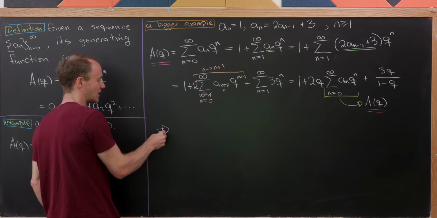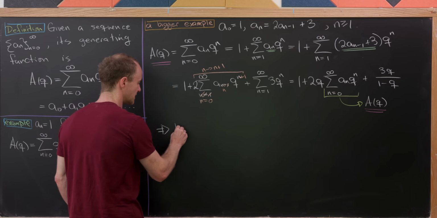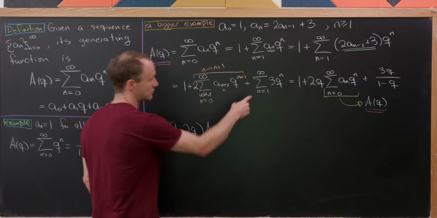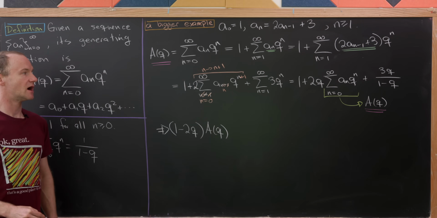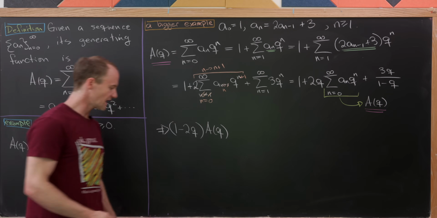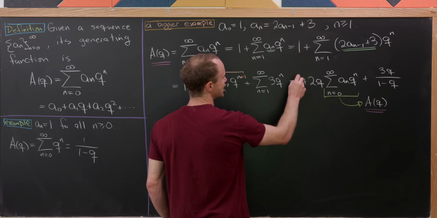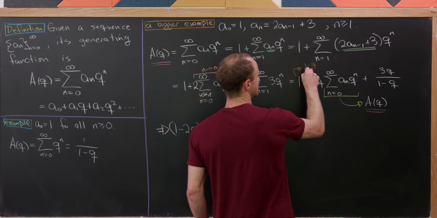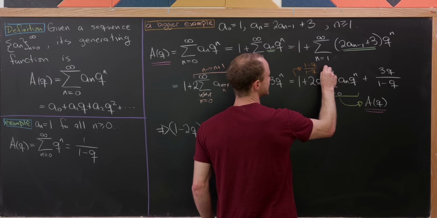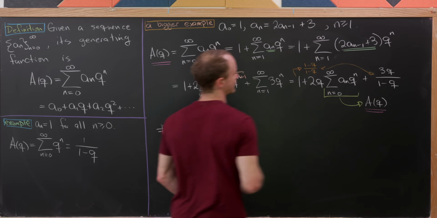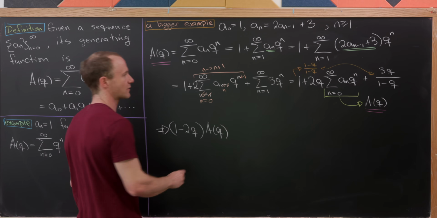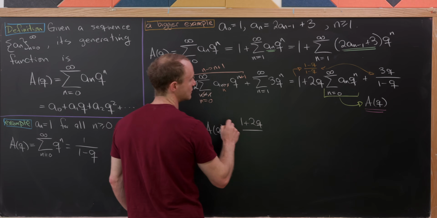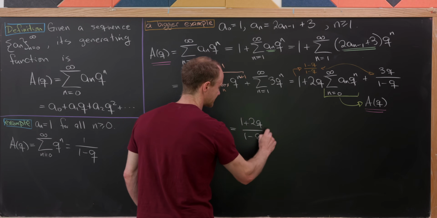We essentially have an algebraic equation for a of q. So moving that over, we'll have 1 minus 2 times q times a of q. Notice that's connected to a 2 times q. And then maybe for the sake of simplification, let's take this number 1 and we'll write it as 1 minus q over 1 minus q, just to combine with this 3q over 1 minus q. So here we're going to have this is equal to 1 plus 2 times q over 1 minus q.